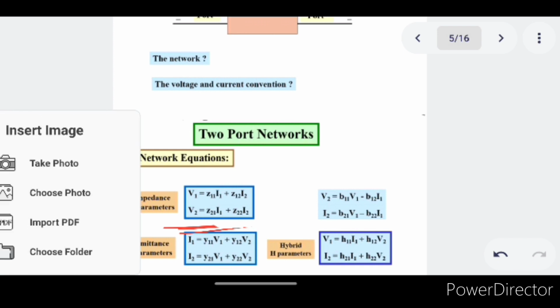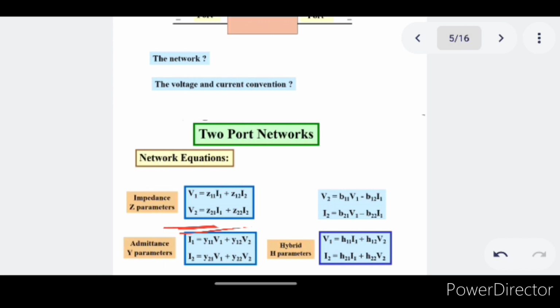Let me take a page. Now let me draw an equivalent circuit here.